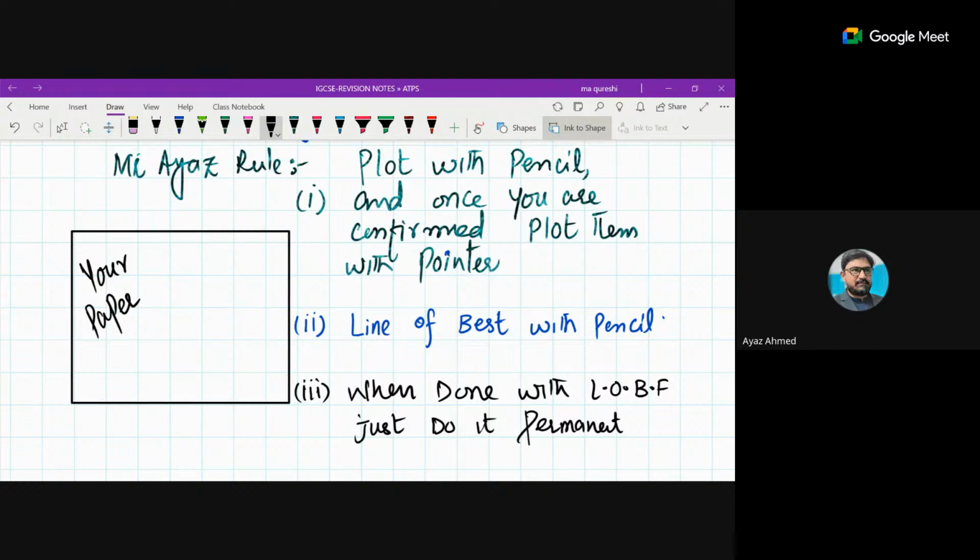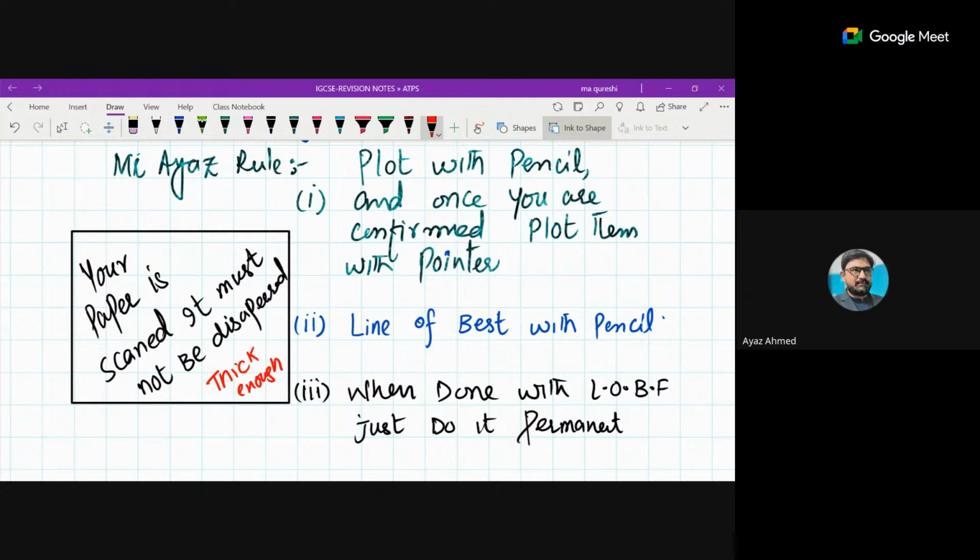Your paper is not checked on your hard copy, your paper is scanned, so आप लोगों का इतना राइटिंग होना चाहिए कि it must not be eliminated, और it must not be disappeared. आपने जो भी लाइन वगैरह किया हुआ है it must not be disappeared, यानी it should be thick enough. बिल्कुल भी शार्प नहीं कर देना, थोड़ा बहुत थिक रखना है उसको. मैं इसके लिए कोई मेजरिंग टूल नहीं दे रहा हूँ, but once you can consider कि अगर ये स्कैन होगा, so during scan this will not be disappeared, so that is what examiner wants from you.